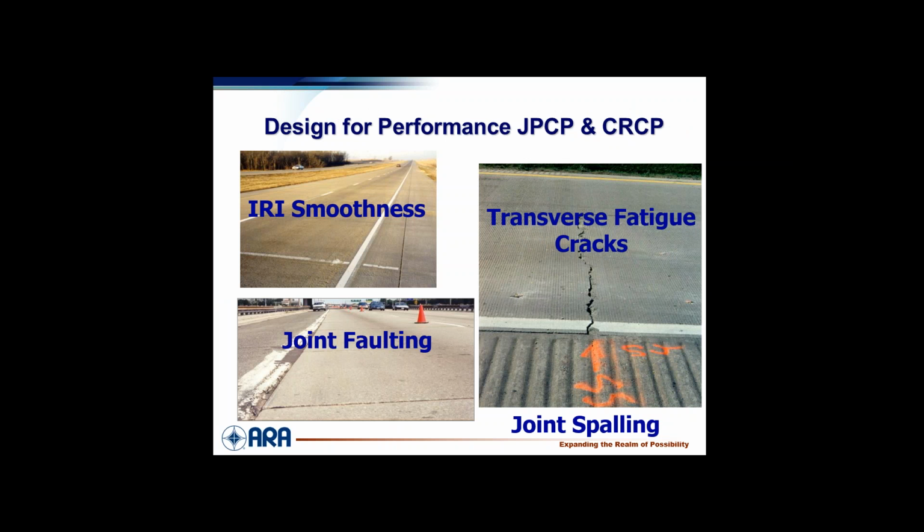On the concrete side, well, we have the structural fatigue cracking transverse. We actually do have joint spalling. It's an empirical model now. That needs to be improved. That's a very poor model. Faulting is the step off of the joints, creates roughness, and then smoothness. And for CRCP, we have punch outs, crack spacing, crack widths, things like that.